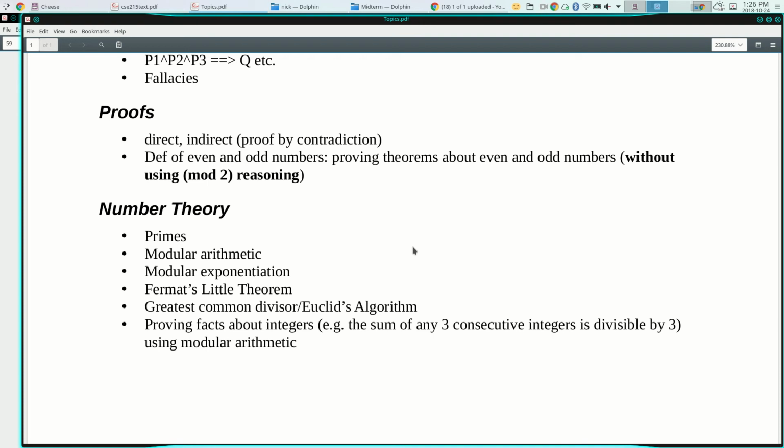But if you have to do it with modular arithmetic, then you would need this case, something like the definition of divisibility. So that's just congruent to 1, and k is an integer.